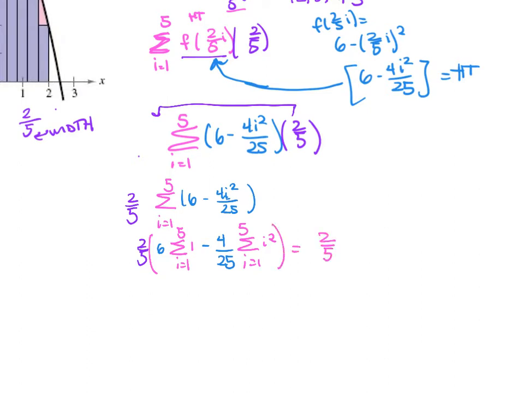So this 2/5, and then 6, that's a constant, so that just becomes 6 times n. And then minus 4/25, and for i squared we remember that as n times n plus 1 times 2n plus 1 over 6. Now we actually know what n is, right?